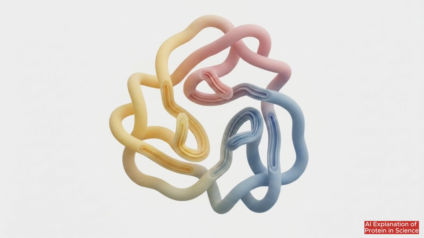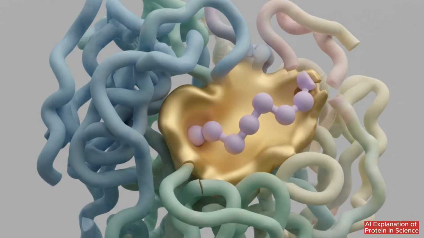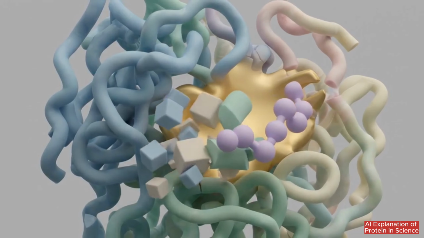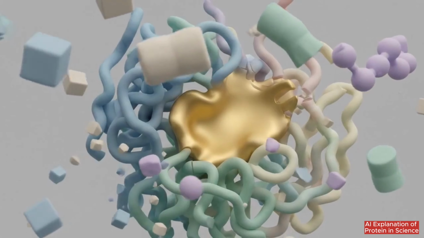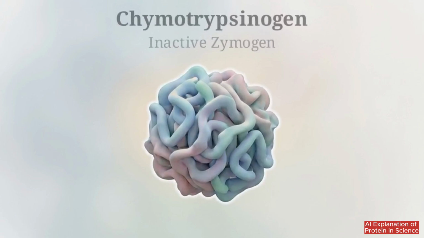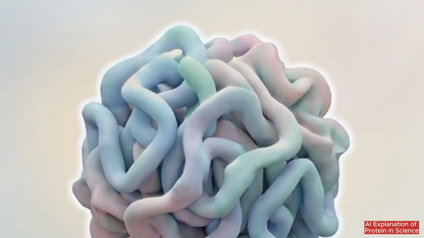A mechanism this powerful is a biological hazard. An active protease is a chemical weapon that will dismantle any protein it encounters. If chymotrypsin were active during its synthesis, it would cause indiscriminate damage to the internal environment of the cell. To manage this, the enzyme is synthesized as an inactive zymogen called chymotrypsinogen.